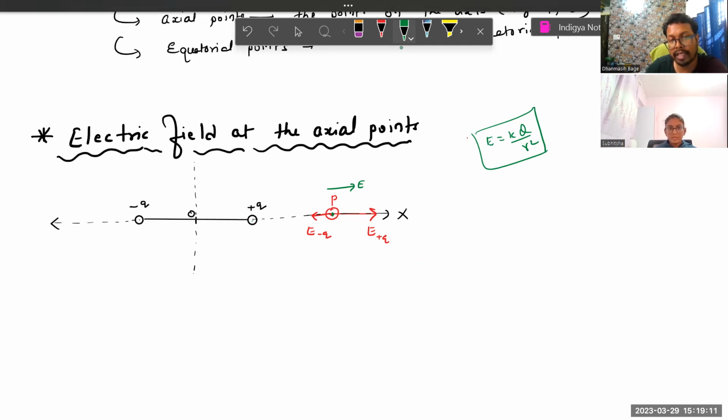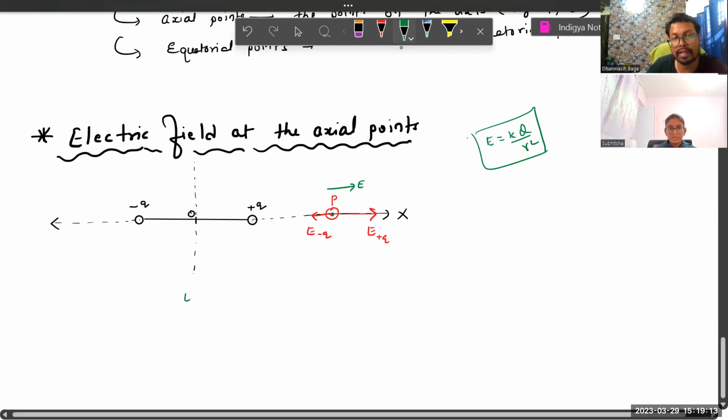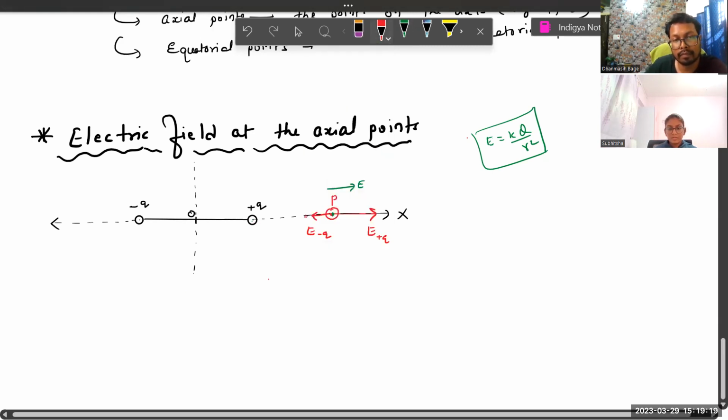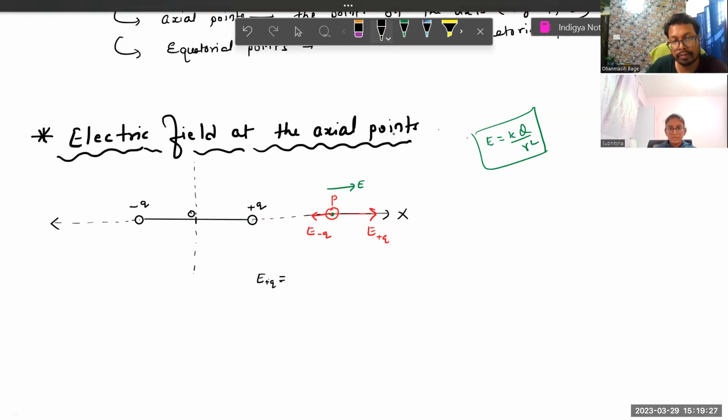And what is the field due to this? Can you tell me what is E plus Q? E plus Q is equal to how much? Magnitude. Use this formula.